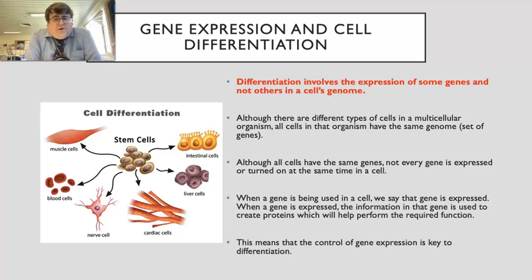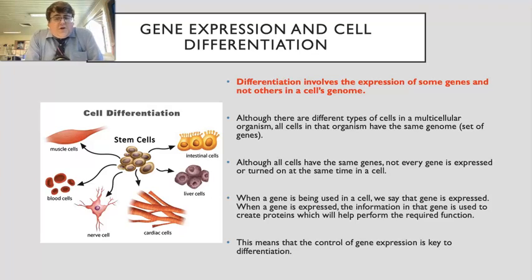What happens, though, is not every gene is expressed, or turned on, for lack of a better word, at the same time. For example, a muscle cell is probably going to have genes turned on for a higher level of cellular respiration to create more energy, because your muscles are constantly moving. Whereas a nerve cell is going to have genes turned on to help transmit messages throughout the body.